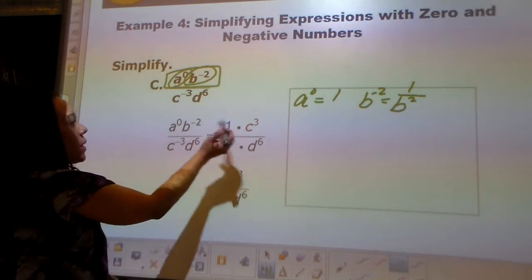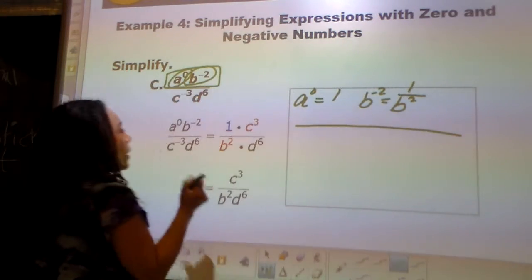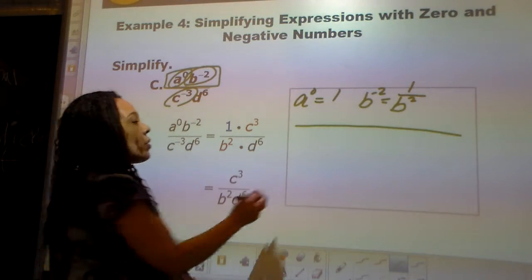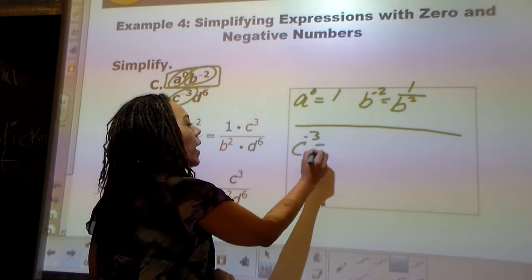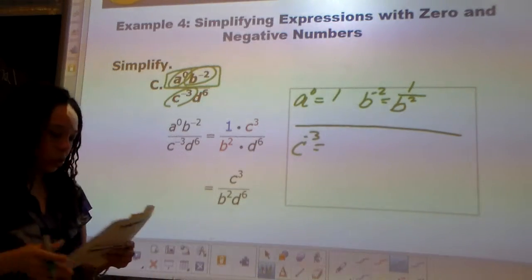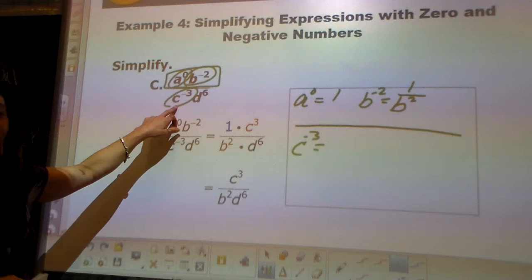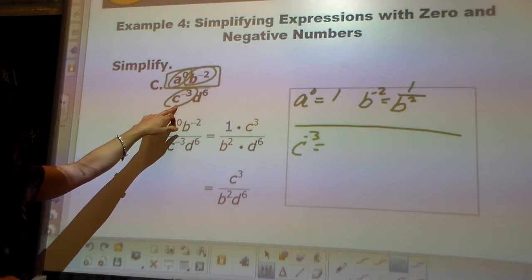Here, I'm going to deal with the denominator. I'm just going to put that there. I have c to the negative 3rd power. But notice it is in the denominator. If I have c to the negative 3rd power in a denominator, I need to do reverse.